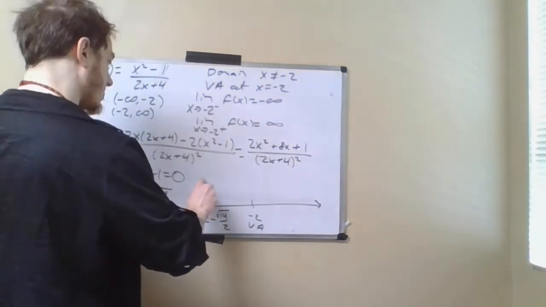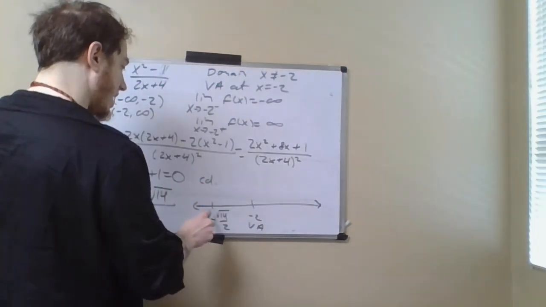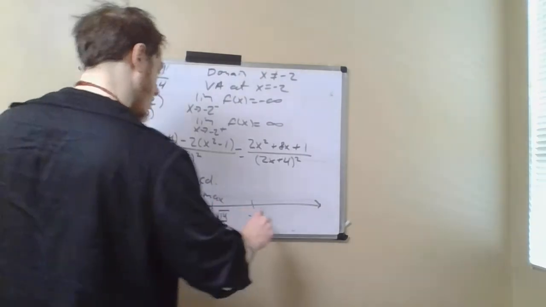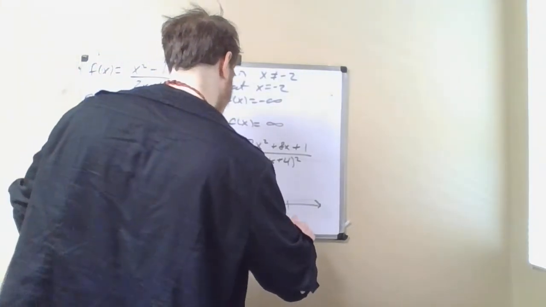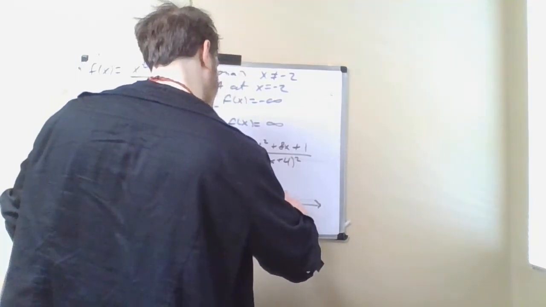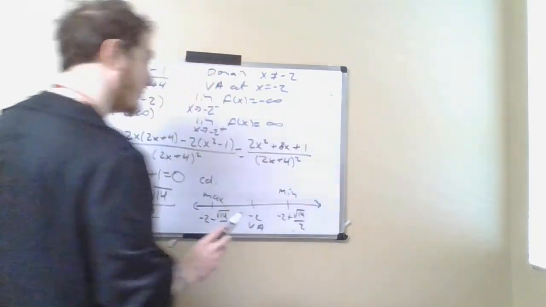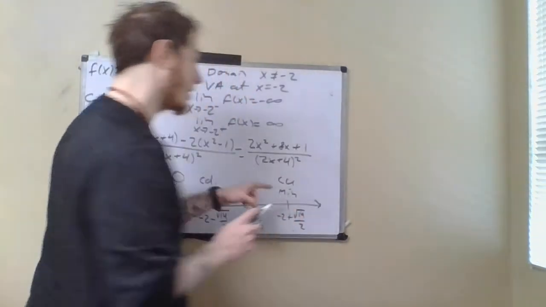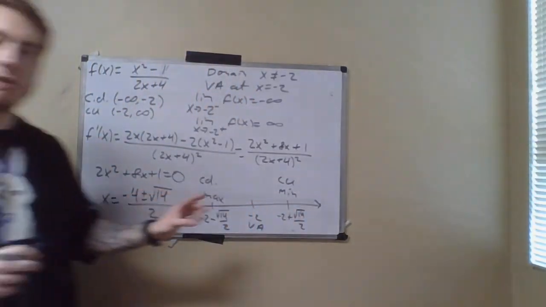We are concave down in this region, and therefore this is a maximum. Whereas over here at negative 2 plus radical 14 over 2, this is concave up, therefore this is a minimum.